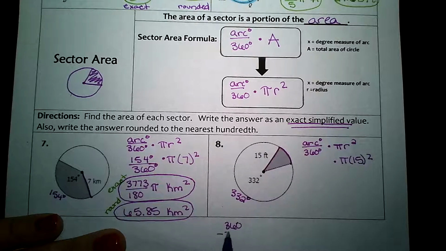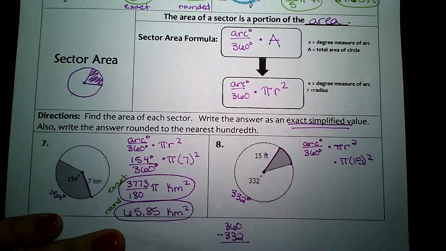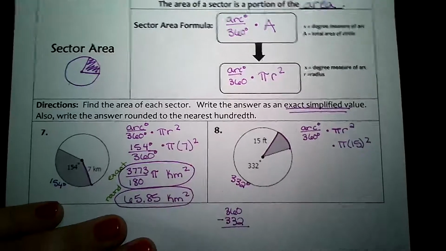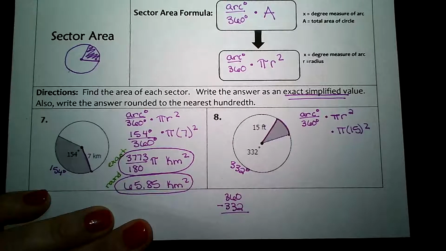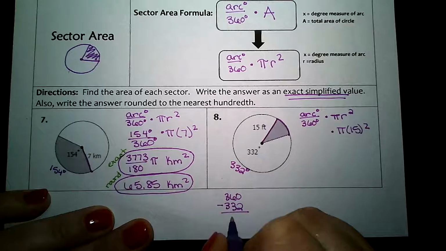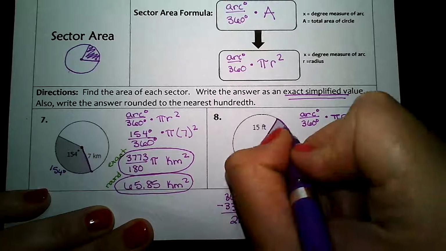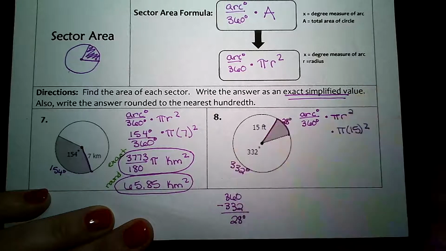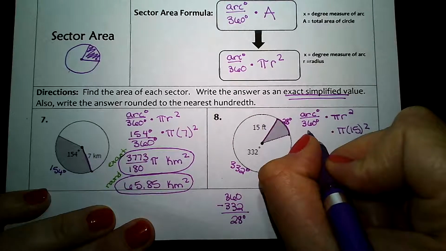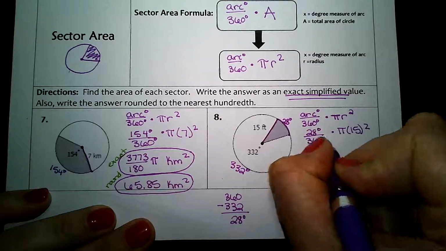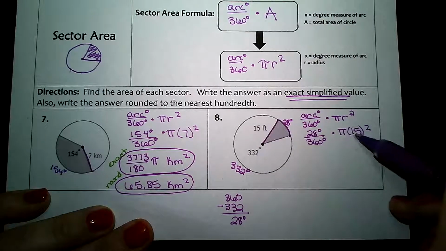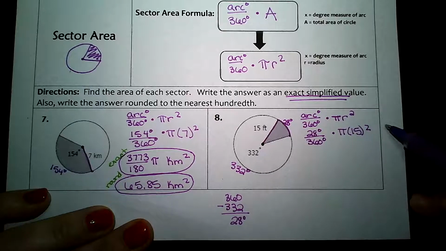And if I'm using 332 degrees as the major arc, I can subtract to figure out what the minor arc would be. 360, take away 332, leaves me with 28 degrees for my minor arc, which is the arc that goes with this sector. So my arc degree is 28 out of 360 times pi times the radius of 15 squared.